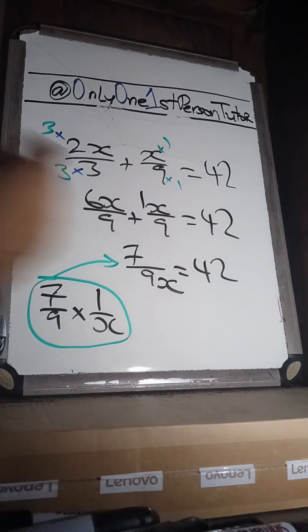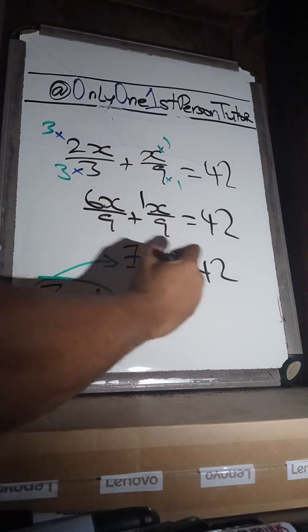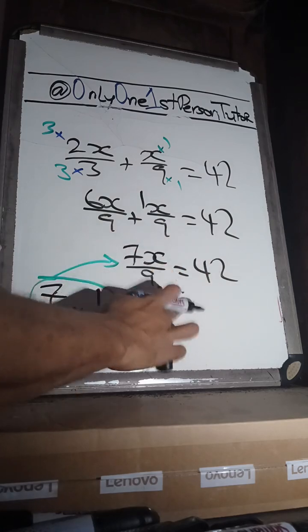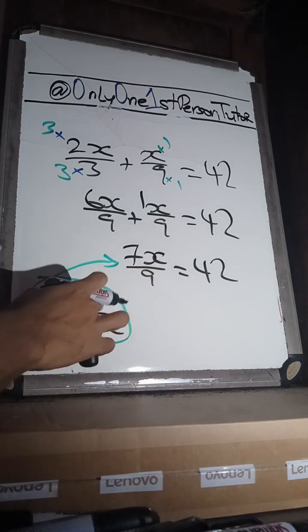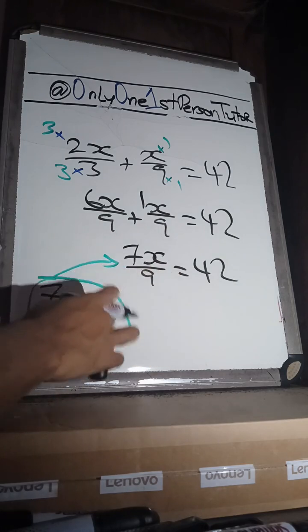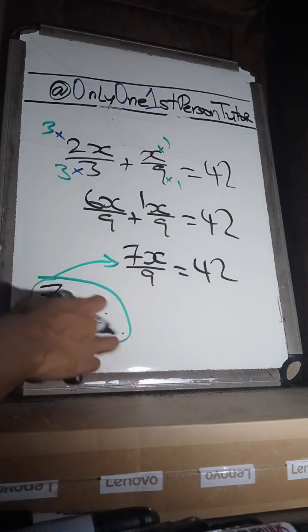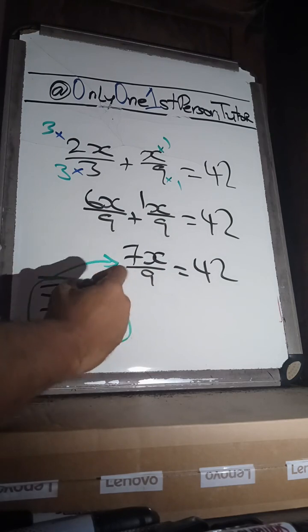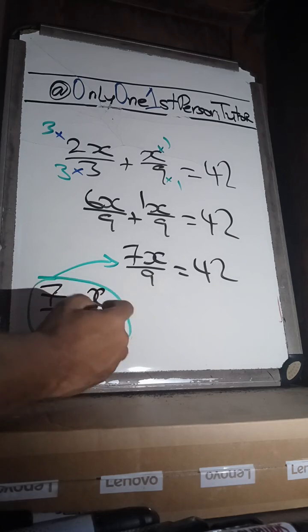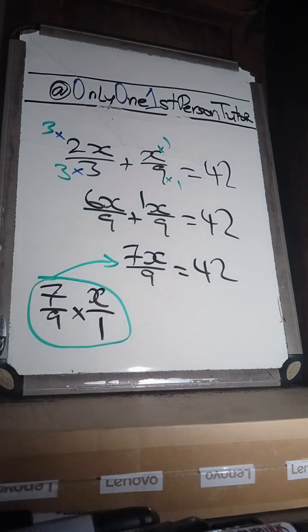However, if you have 7x over 9, this is the same as 7 over 9, and if we're being accurate, we'll call it 7 over 9 times x over 1. So where the x is, is very important.